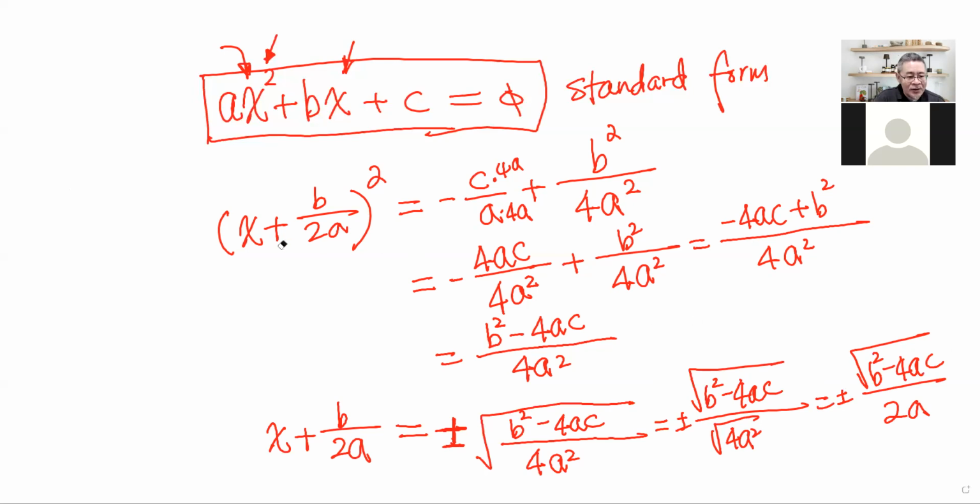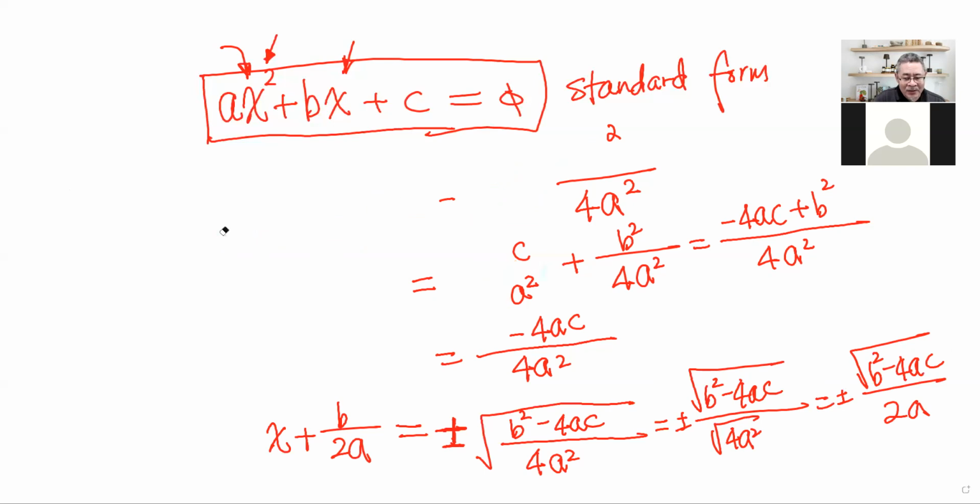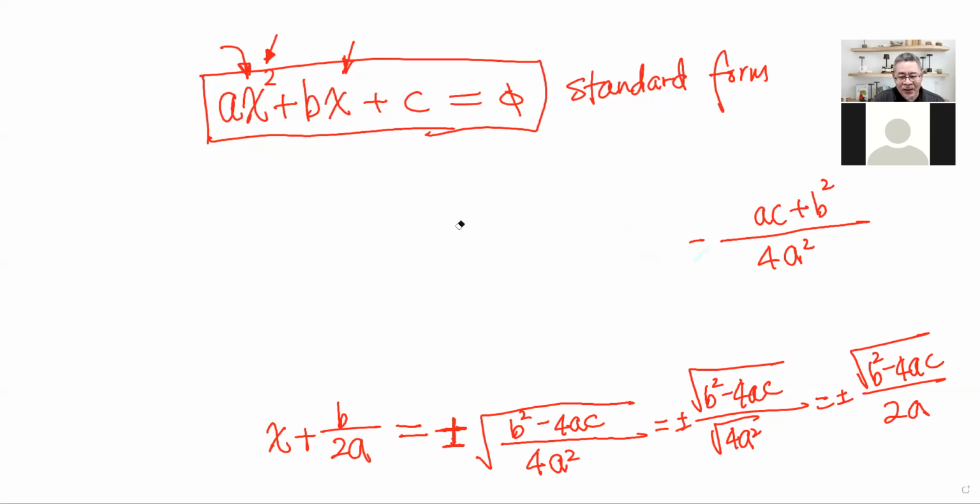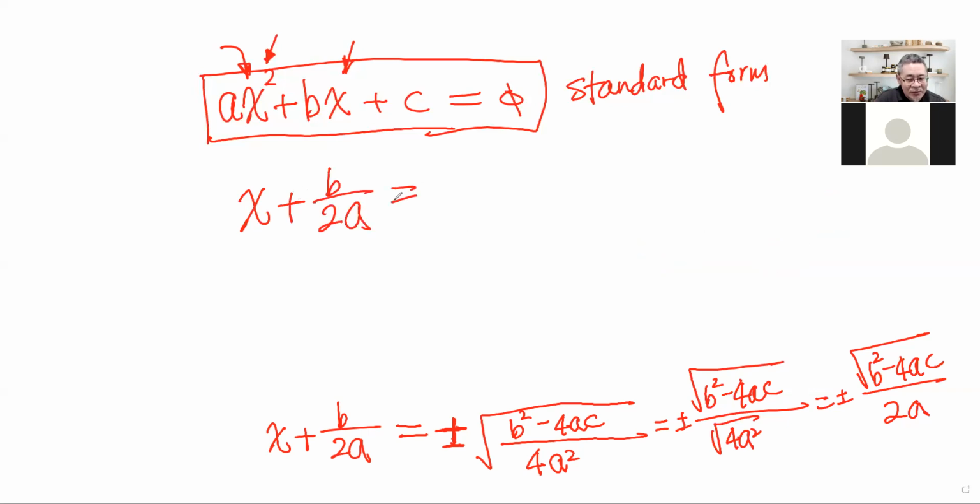Okay, so now we're going to do our last step. So far what we found is we know that x plus b over 2a is equal to plus minus the square root of b squared minus 4ac over 2a.